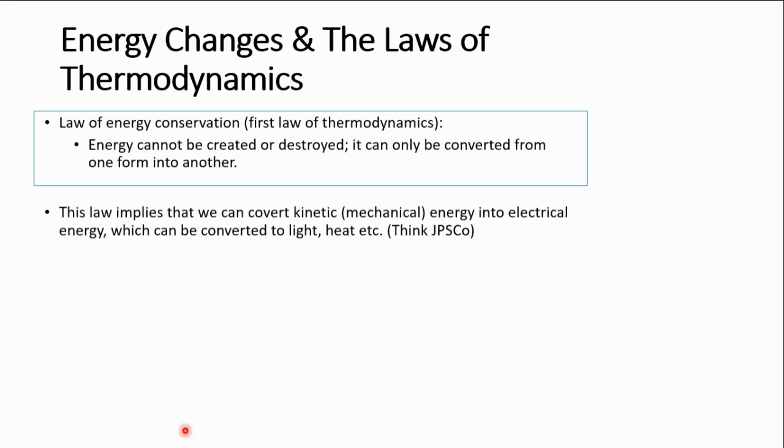Now, the law implies that we can convert kinetic energy into electrical energy and even into heat energy, and all forms of energy, even sound energy, can come from kinetic energy, because that's what the law says. Energy cannot be created or destroyed, but it can be transformed. Right? It can be changed from one form to another.